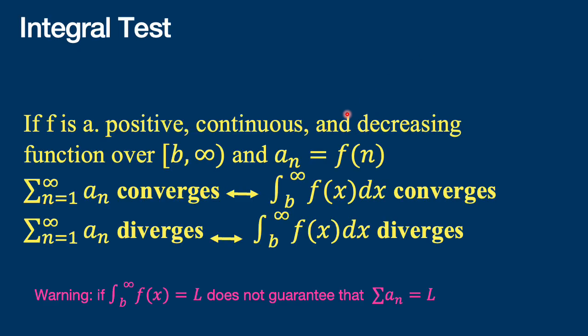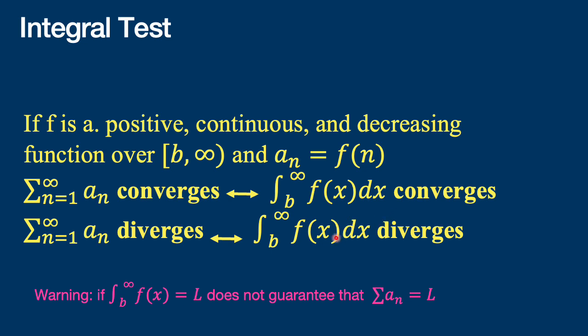Here I'm going to formally introduce the integral test. The integral test condition is right here: positive, continuous, decreasing over the interval. If the sequence represents values of a function, then if the improper integral converges, the series converges; if the improper integral diverges, the series diverges.